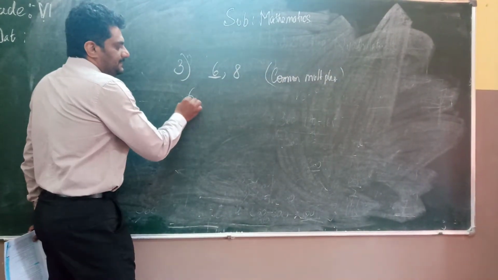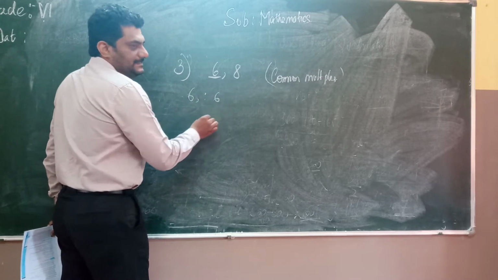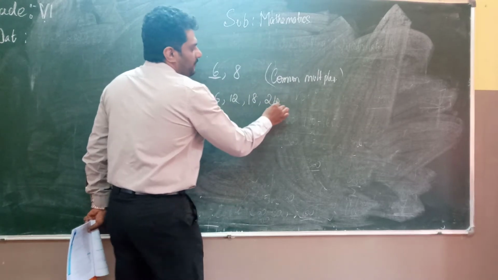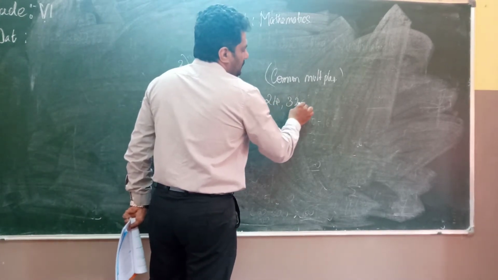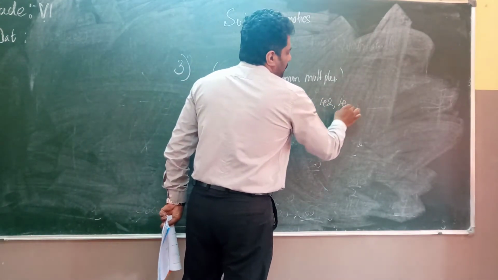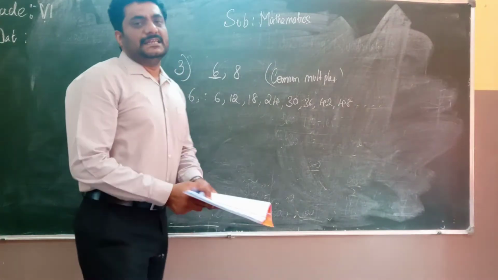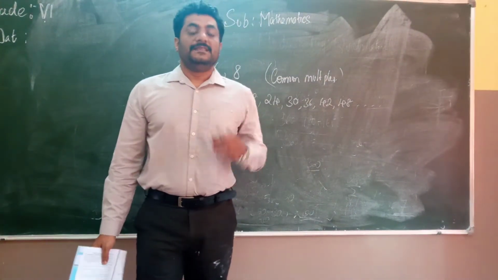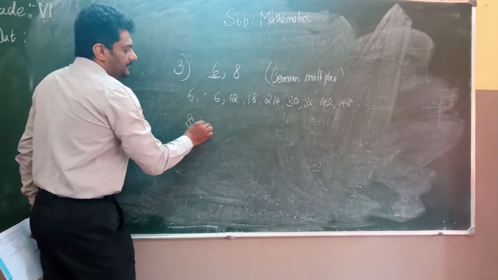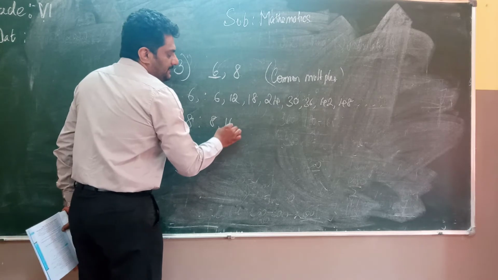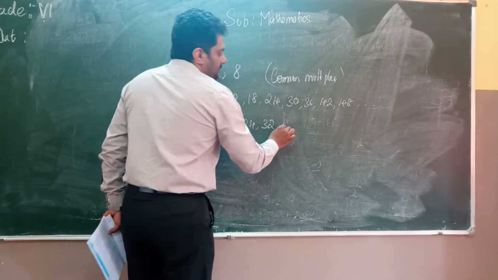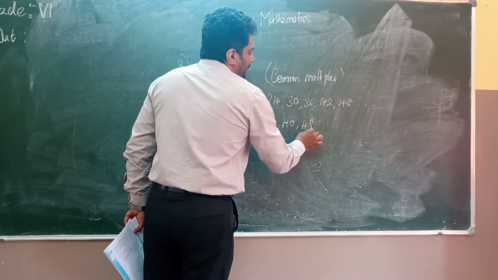First one, 6. 6 ones are 6, 6 twos are 12, 6 threes are 18, 24, 30, 36, 42, 48 and goes on. Because the multiples are infinite, they never stop. Whereas the factors are limited. Next one, 8. 8 ones are 8, 8 twos are 16, 8 threes are 24, 8 fours are 32, 8 fives are 40, 8 sixes are 48.